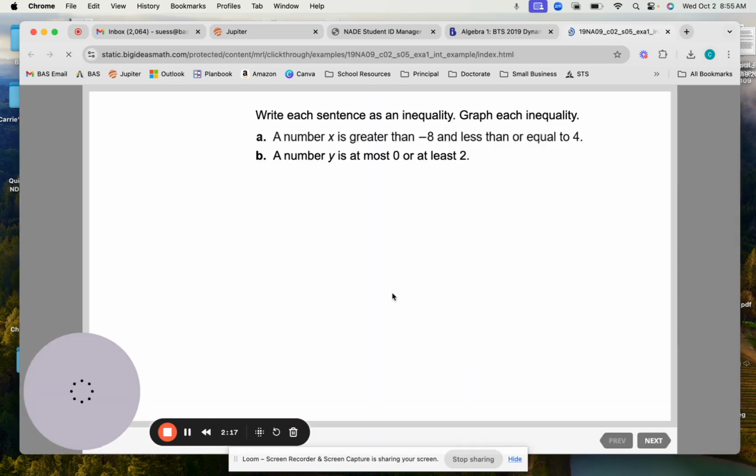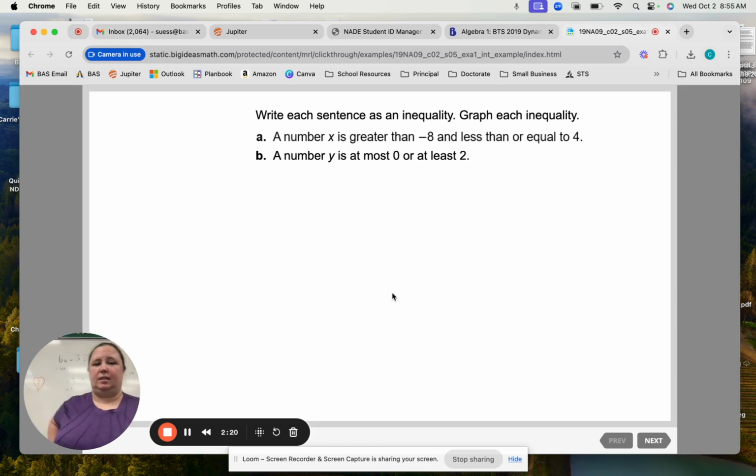So, example 1. We're going to write each of these sentences as an inequality and then graph them. The first one, A: a number x is greater than negative 8 and less than or equal to 4. So you heard the "and." Already you know that the x is going to be between the two inequality signs.